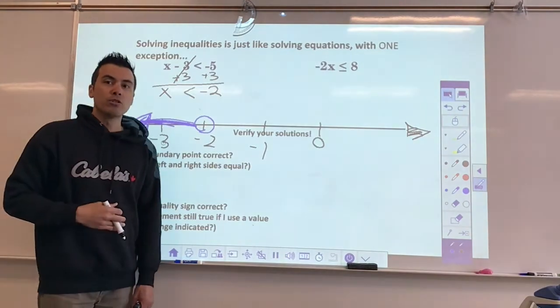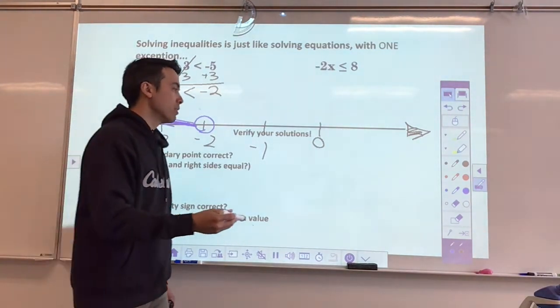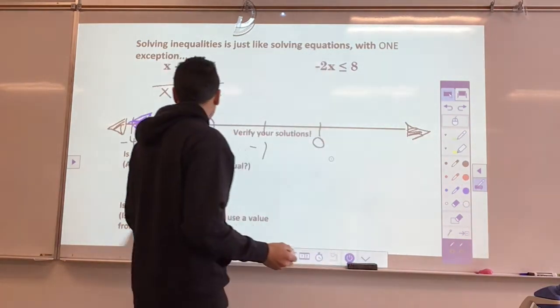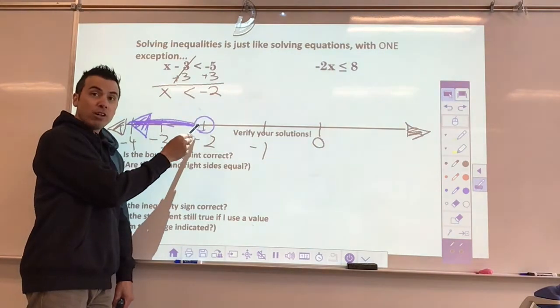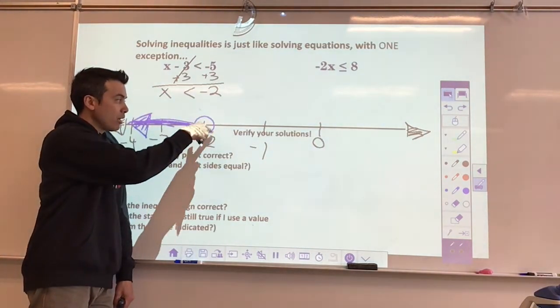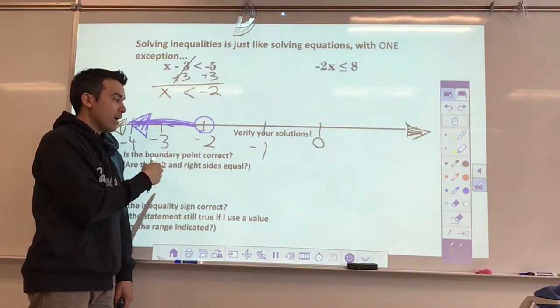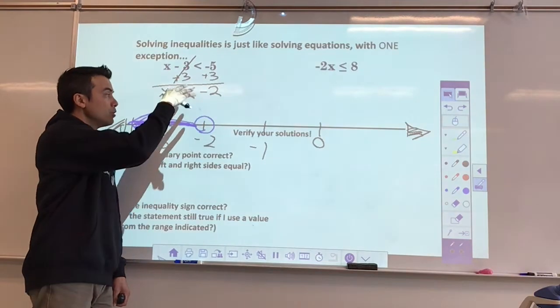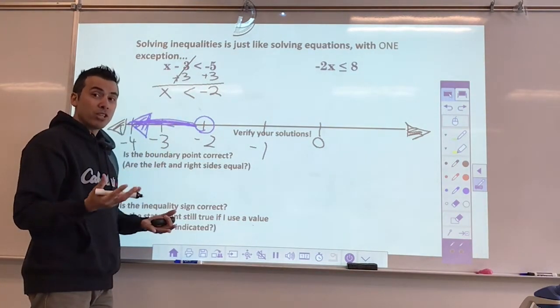To verify that I have done this correctly, there are two things I have to do. One, I have to check this boundary point, the point where I've made a circle at -2. To verify, I want to use the original inequality, but think of it like an equation.